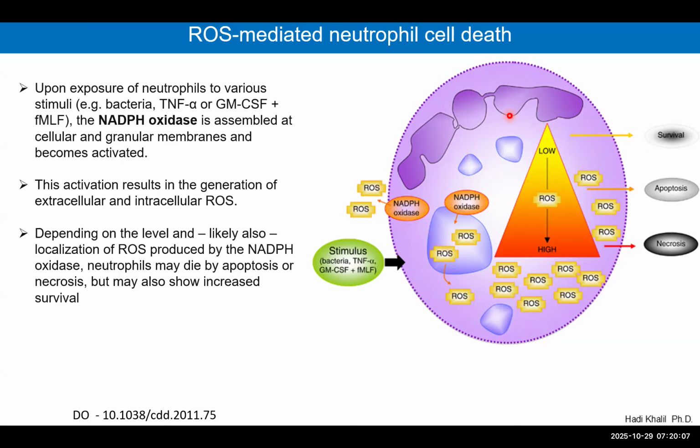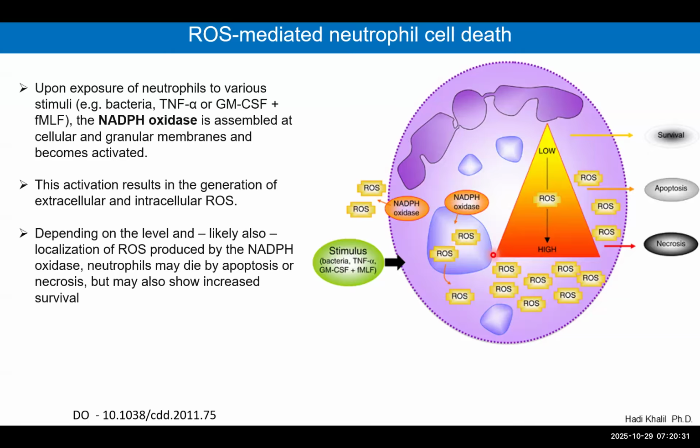And now it has to evaluate the levels of the reactive oxygen species in order to survive or to die. So it's taking part in the immune response, and at the same time, it's being affected by that immune response. And the only dictation that it gets is the level of the reactive oxygen species.